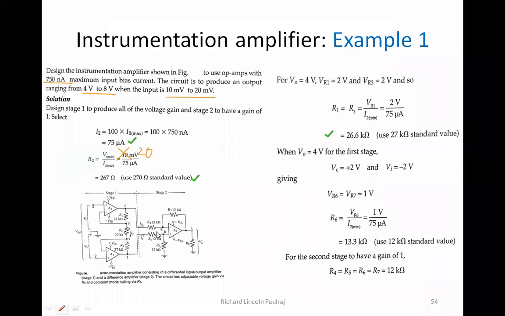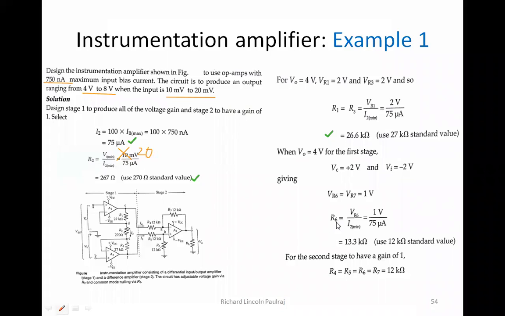VR6 is equal to VR7, so this is also equal to 1 volt. How are we getting this? This is a voltage divider, isn't it? So VR6 and VR7 are equal to 1 volt because we have 2 volts here.